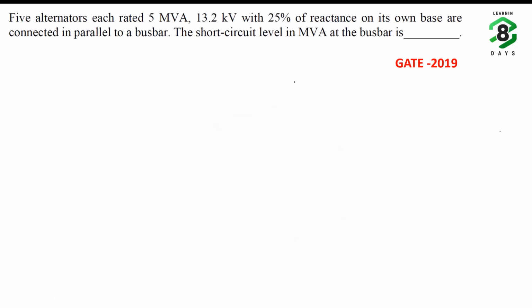If we directly draw the per unit diagram for them, how can we draw this? This is the per unit reactance of one alternator. This is grounded. So to this bus bar, such 5 alternators are connected in parallel.